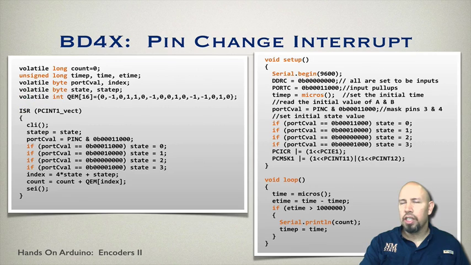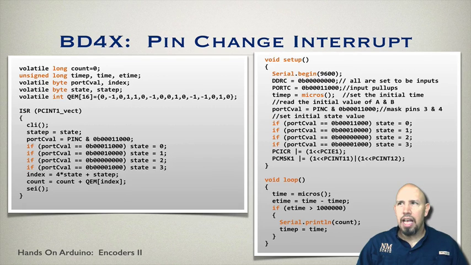Remember, volatile variables are specified, and they're going to be used. What happens is that the interrupt service routine is not called by the main program. It's called by interrupts.